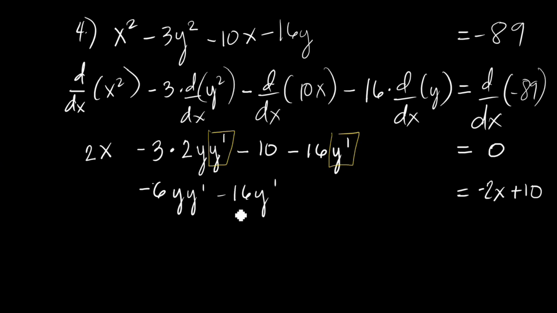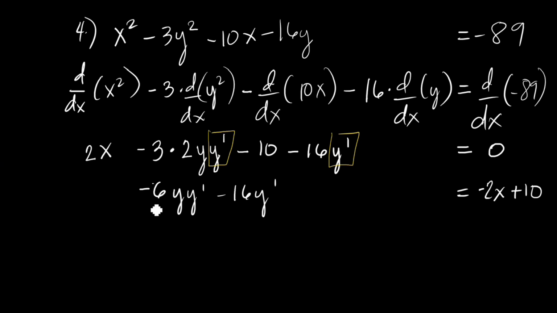We can actually factor these negatives so that the left side will become positive. Or if you like, you can switch the left and the right. If we switch the terms with y prime here, the left side will become all positive.